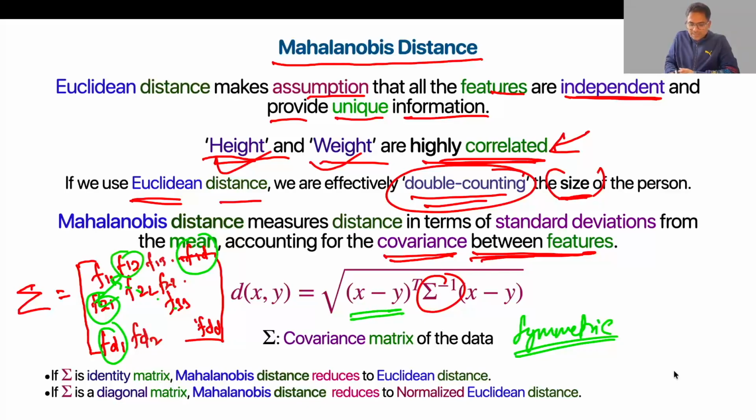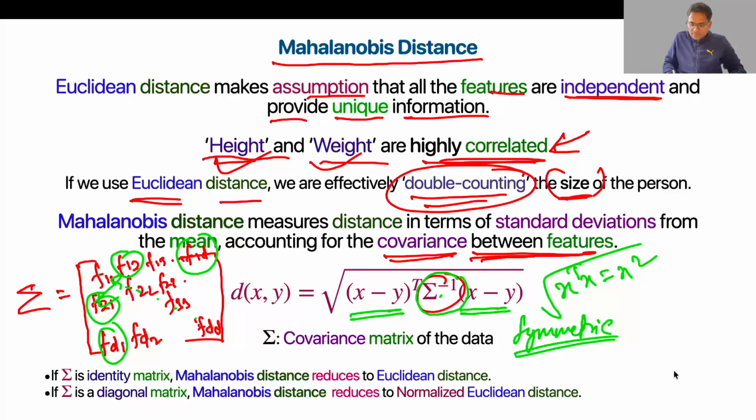It is x minus y transpose into x minus y, in matrix form. Generally x transpose x is equal to x square, and the square root of x transpose x is like the Euclidean distance. We are doing it in vector matrix form, and here we are also introducing the sigma inverse term. This is your covariance matrix that we put in the middle. If there is no correlation, then all the non-diagonal elements will be 0.